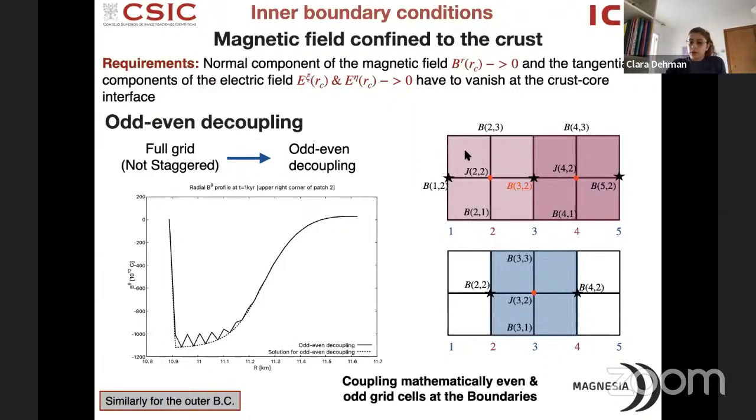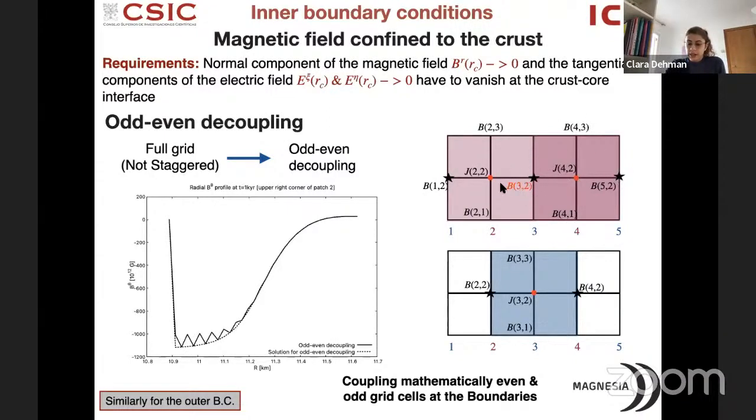Let's say I want to calculate the current at this cell, the one in red, G22. I need the magnetic field at these four points, which I am pointing to with my mouse. Then, to calculate the current at cell number 4, I also need the magnetic field at these 4 points.